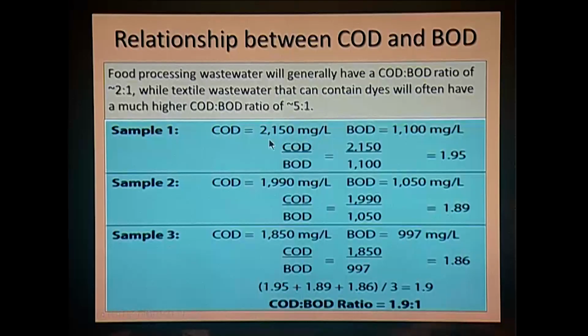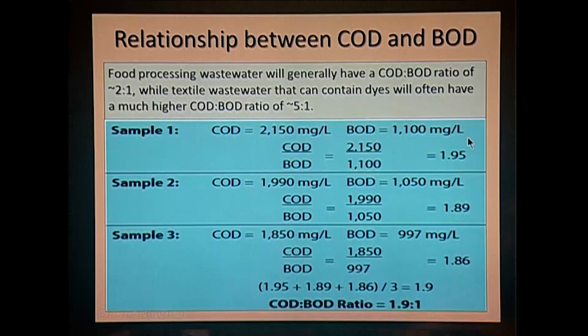Now we know what is BOD and what is COD. Now let us go on to the relationship, whether they are related in some way, whether this data helps us in some way or not. Let us consider this sample 1. We find that the COD of this sample 1 is 2150 milligrams per liter, whereas the BOD is 1100 milligrams per liter.